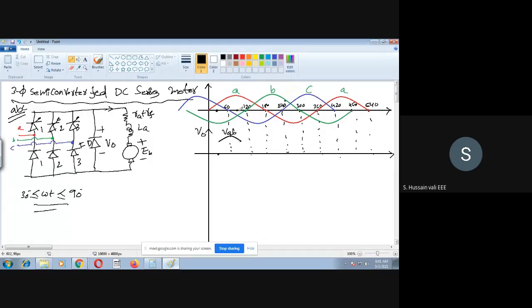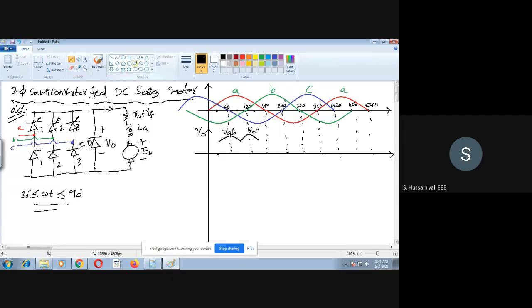Then from 90 to 150, which voltage is it? You see yourself: from 90 to 150 the highest is VA, whereas the lowest is C. So VAC. This way you can continue.